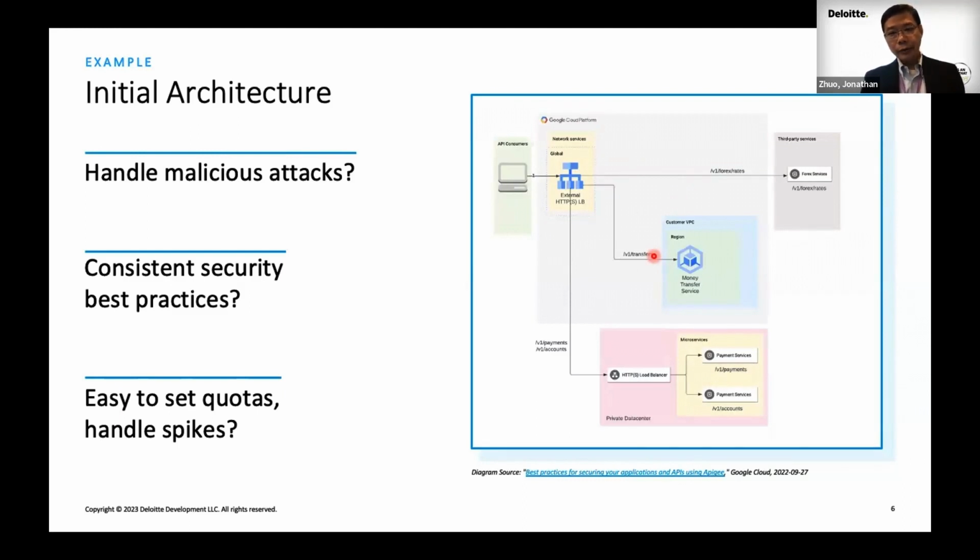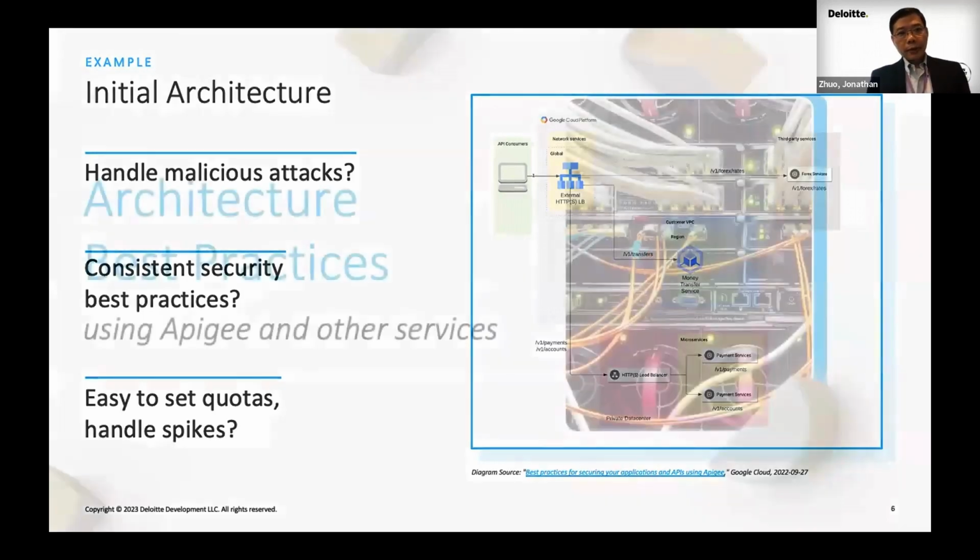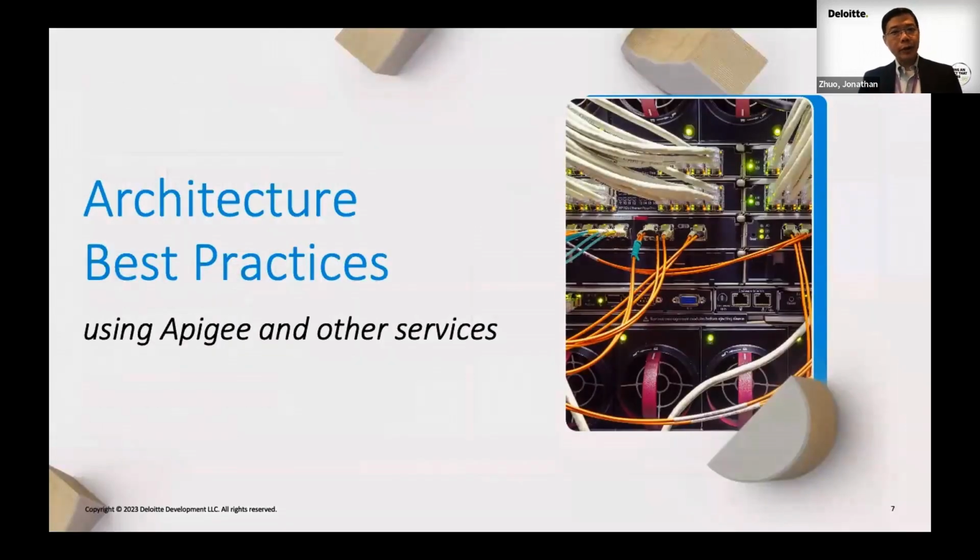It is difficult to set rate limiting, quota, spike arrest to protect downstream APIs. And without API analytics, it is hard to measure and optimize API performance. So I listed lots of constraints.